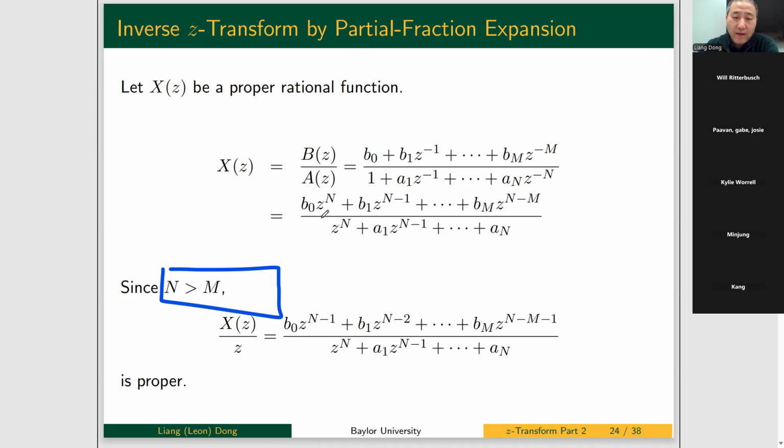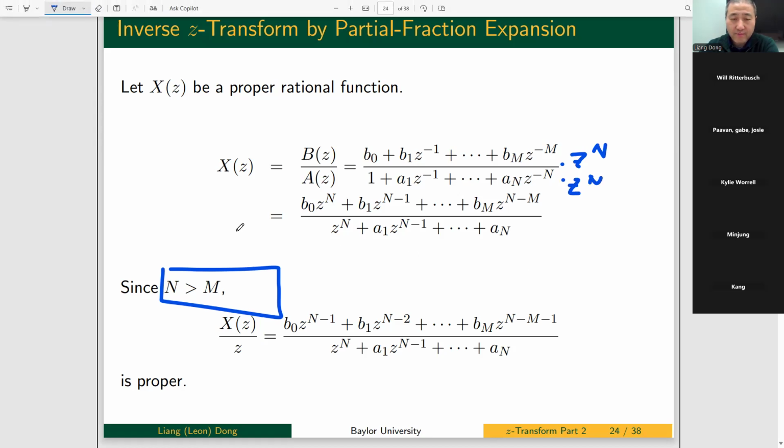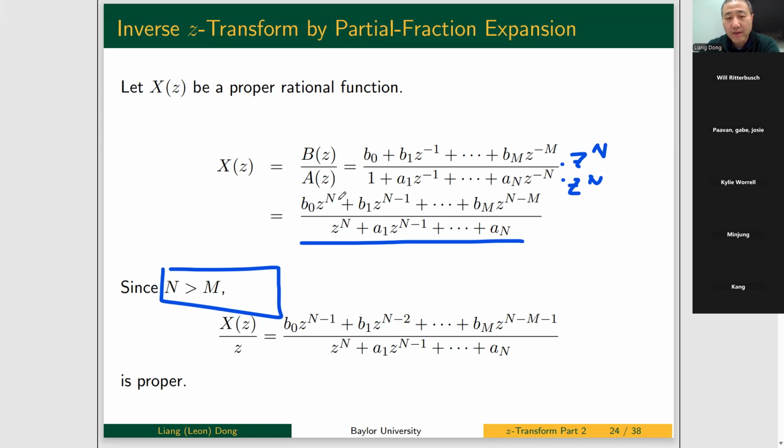So I multiply both sides by z to the power capital N. This is the numerator, and the denominator times z to the power N. So I get this term right here. If you look at that, well, z to the power n, it's not a proper rational function again.